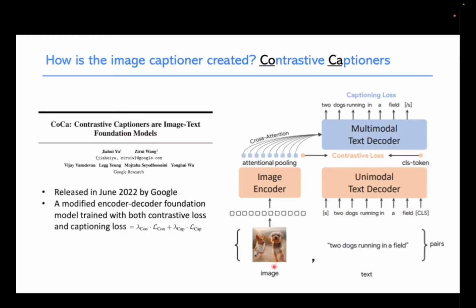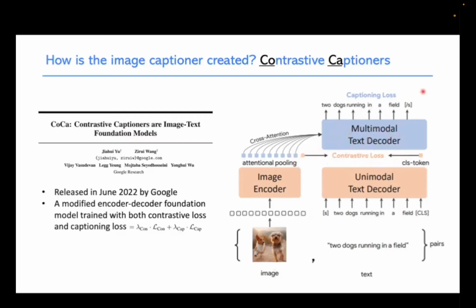In CLIP, we cannot do so because we don't create a joint representation between the text and the image. However, in CoCa, it jointly understands the image encoding and text encoding. So it will have better capability, and it will be able to generate captions based on the image. That is how the image captioner is created.